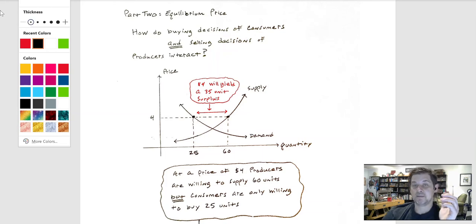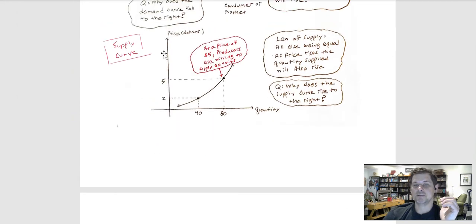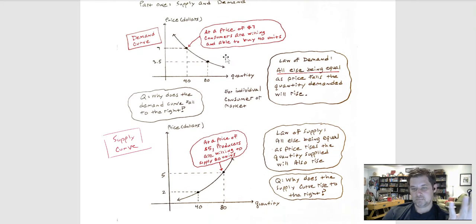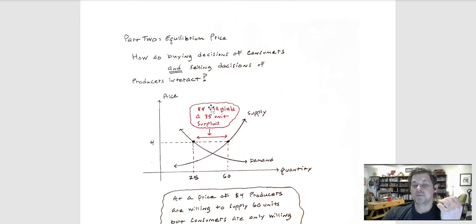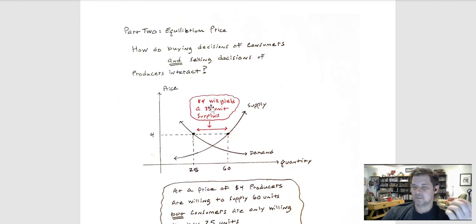Because here I have the supply and demand curves in isolation, where I give you those so that you can interpret the individual points on the curves, and understand something about the shape that we'd expect them to have. Okay, but in the market, the consumers' and producers' behaviors interact with each other.